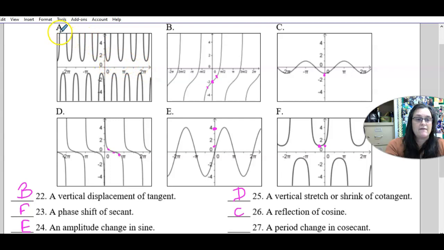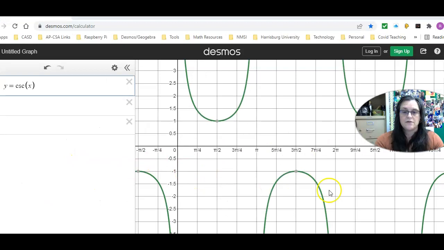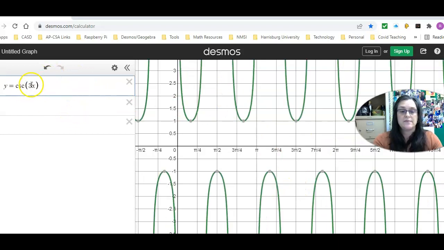So the graph A would be a period change because of the horizontal shrink. To see what that would look like on our parent graph, we can change the b value. We wanted to fit 3 full cycles between 0 and 2 pi instead of 1. So we'll put a 3 as the b. And now we can see that between 0 and 2 pi, I can fit 3 full cycles.